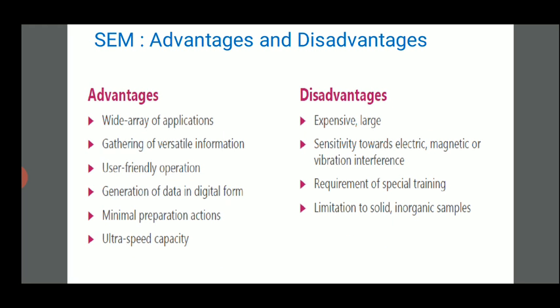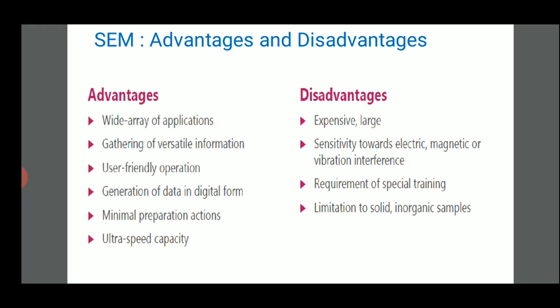Then it can produce the data in digital form. Minimal preparation is needed, so it will not require a lot of preparation. Then the speed, it has ultra speed capacity. The speed of the operation is higher.